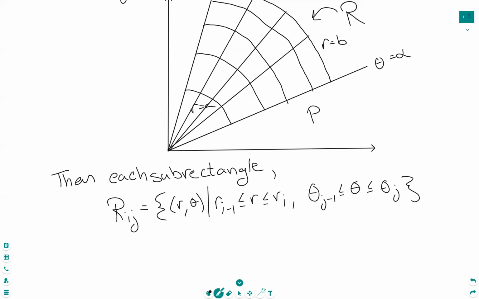So however we denote our indexing here, each one of these is going to be some sub-rectangle.